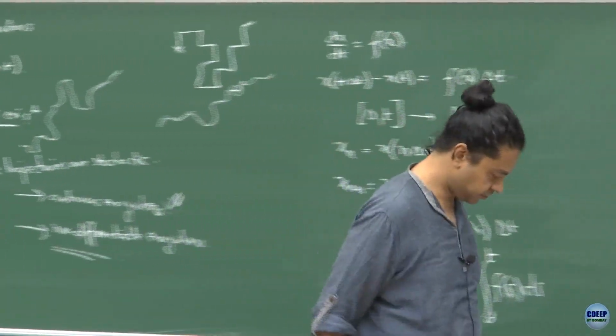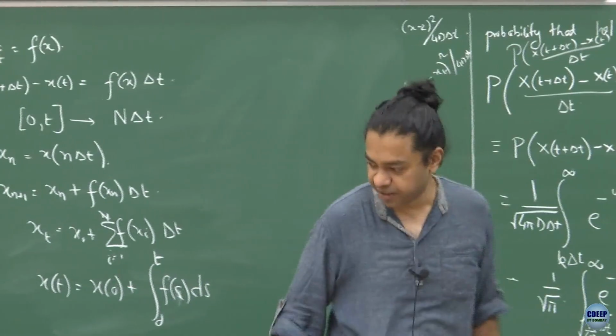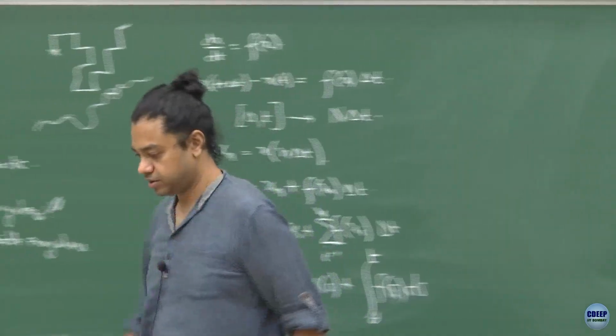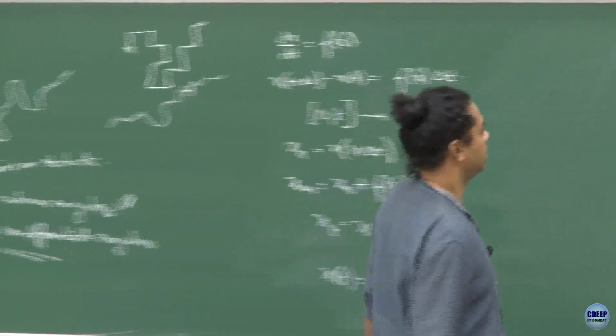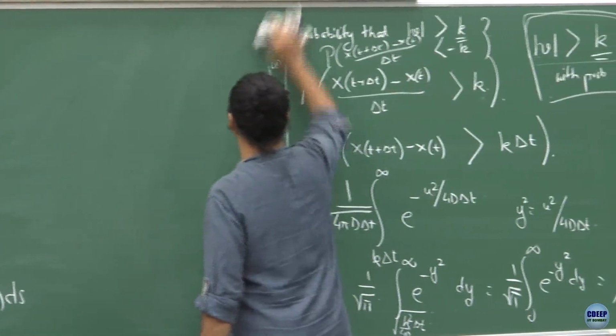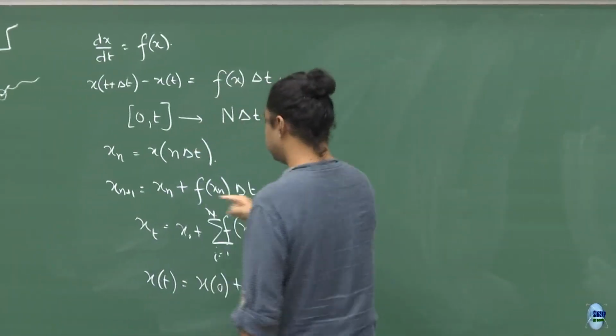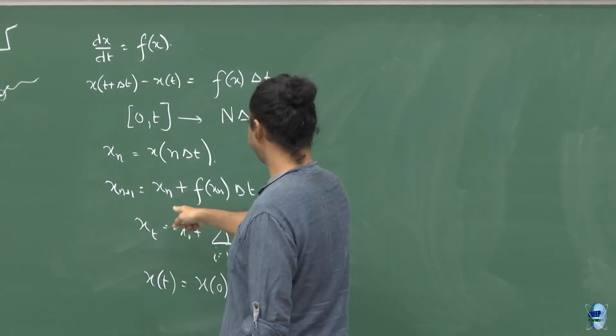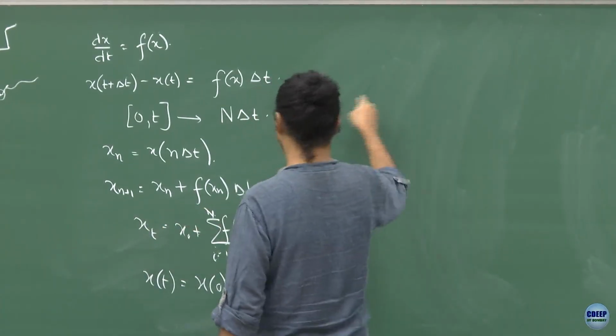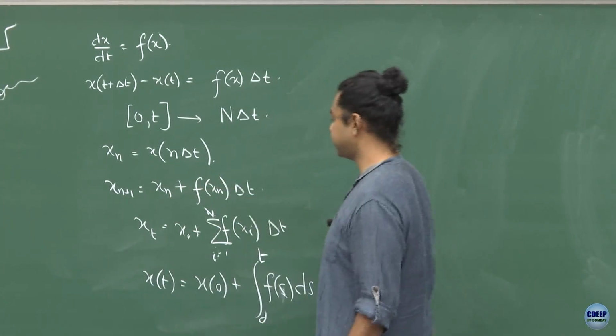Now, for these sort of diffusing particles, where the trajectories are non-differentiable, we can define something analogous. So, we had something like this: x n plus 1 was x n plus f of x n delta t.